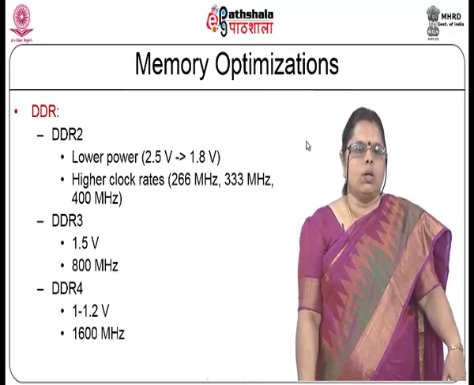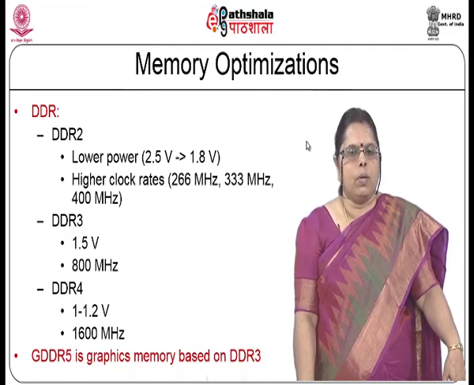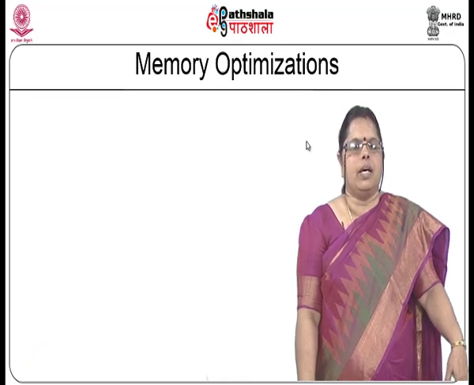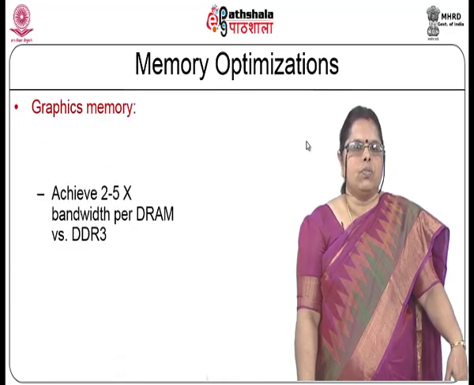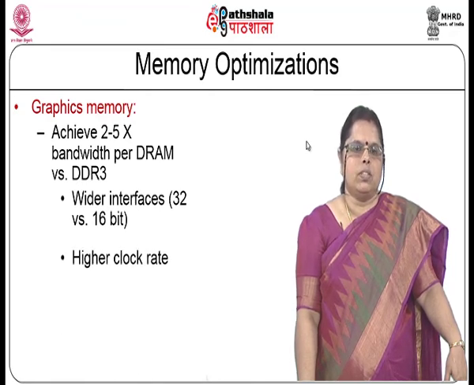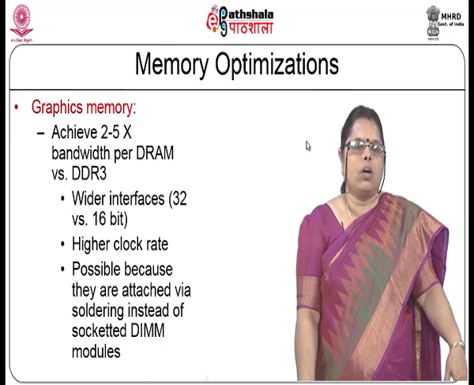DDR4 is just 1 to 1.2 volts and can operate at 1600 megahertz. And of course you have a graphics memory based on DDR3, which is GDDR5. It achieves about 2.5 times the bandwidth per DRAM versus DDR3. It has wider interfaces and a higher clock rate, possibly because they are attached via soldering instead of socketed DIMM modules.